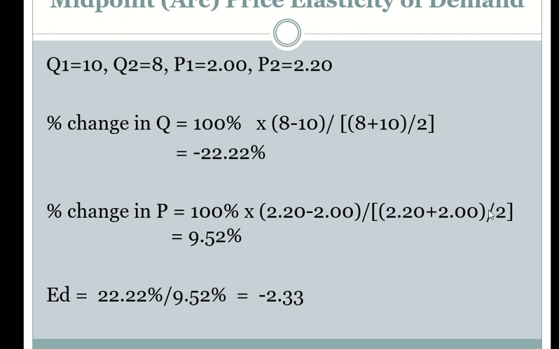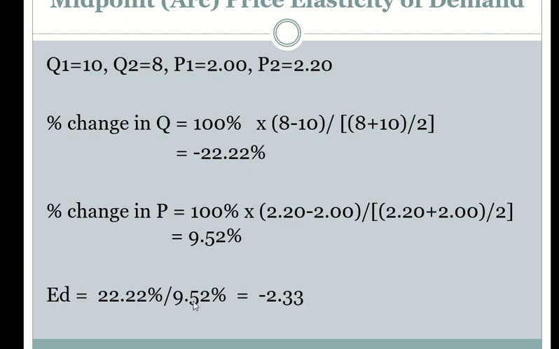So that's 0.2 divided by 2.1. So you plug the percentages into the equation to find the arc or the midpoint price elasticity of demand.